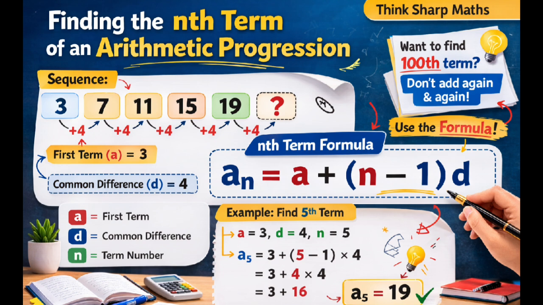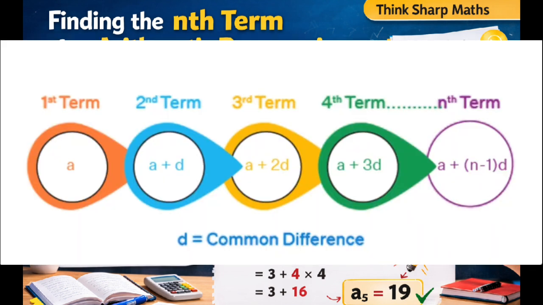You can also think in this way. The first term is a, right? How do you find the second term? With a plus d. The third term with a plus 2d. That means every time you go to the next term, you are adding one more d. So in the first term, we don't have any d. In the second term, we have one d. In the third, we have 2d.